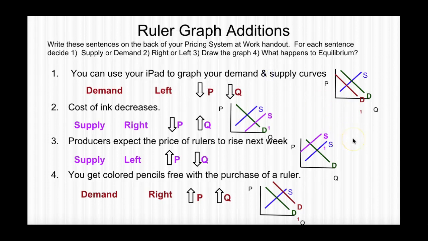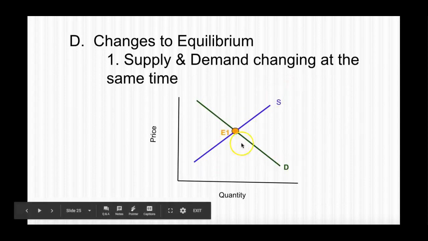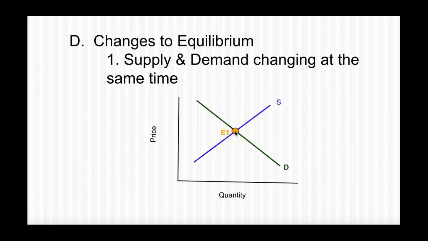All right. Now we're going to look at what happens if both supply and demand move at the same time. So you need to pull out your regular notes, and we're going to talk about changes to equilibrium when supply and demand change at the same time. I'm going to draw this out, starting with my supply and demand curve, and notice that I have E1 as my first equilibrium.